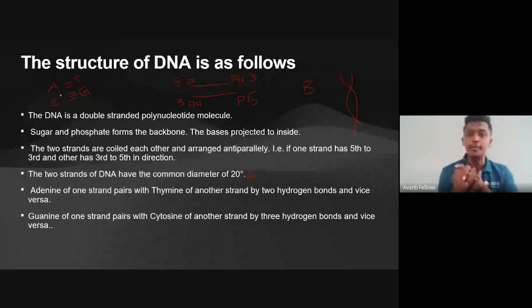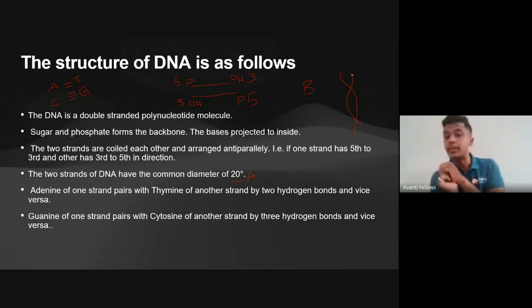So if adenine is present in one strand, the opposite strand will have thymine. And what kind of bond will they have? They will have two hydrogen bonds between them. A double hydrogen bond is present between adenine and thymine.